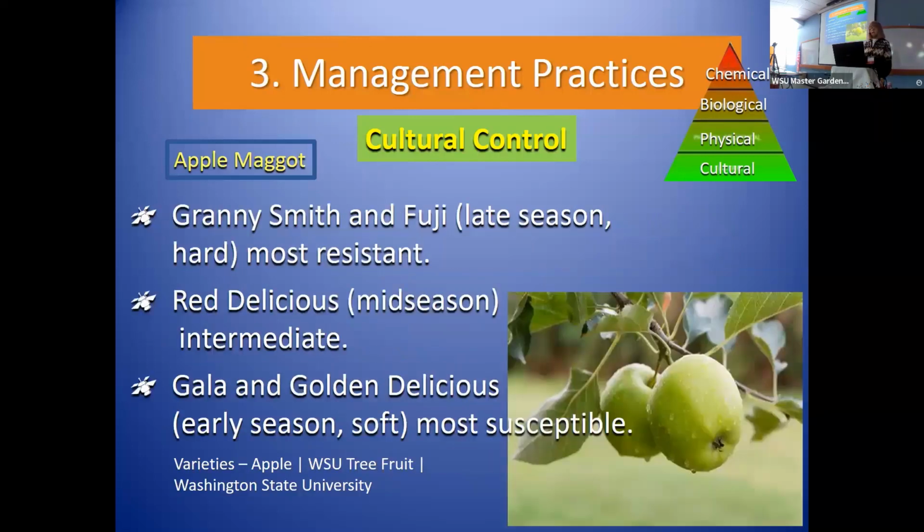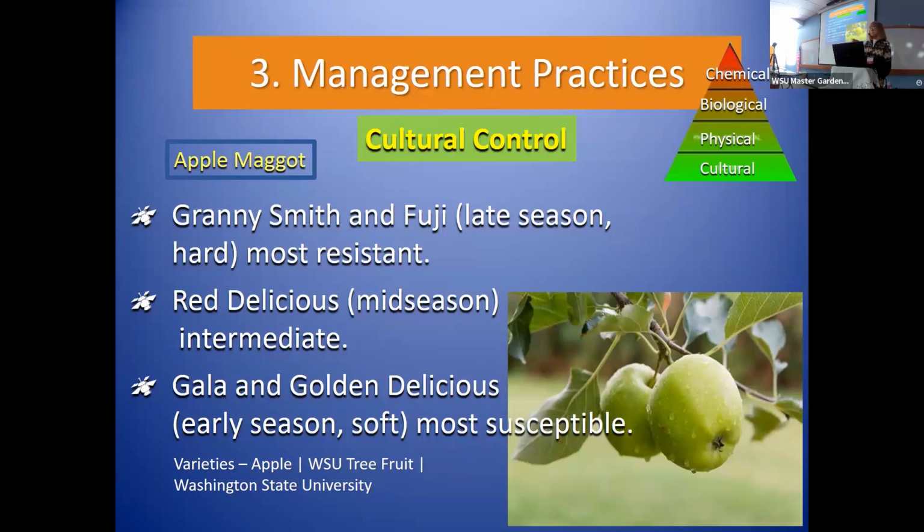And he did a study here in Western Washington, and he looked at these 5 different varieties of apples. He picked these because these are commercial apples. I think 60% of the apples that were grown that year in Central and Western Washington were these 5 apples. So we found that Granny Smith and Fuji, they're late season, they're hard, they were the most resistant.